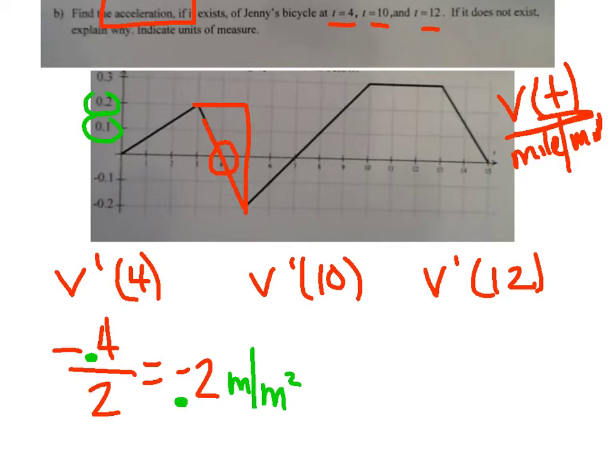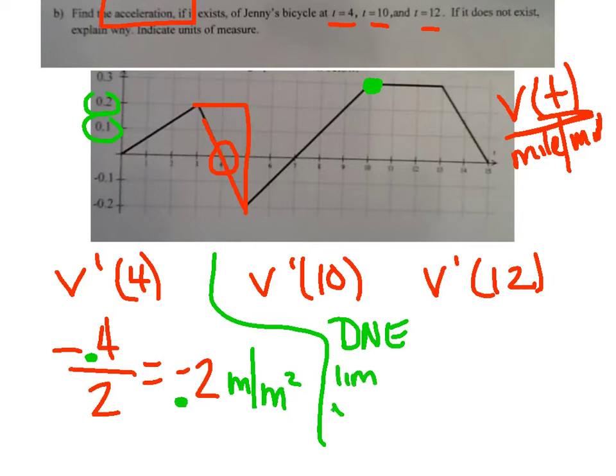V prime of 10. Now I'm going to do the same thing, and I want the slope here at 10. Hopefully you've already jumped in your head to an answer of does not exist. We had a corner or a cusp there, but we like to call that one a corner. You can't just say because there's a corner. We've talked about this definition before. We need to use that limit definition.